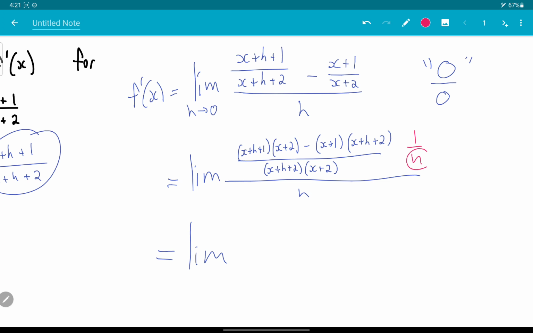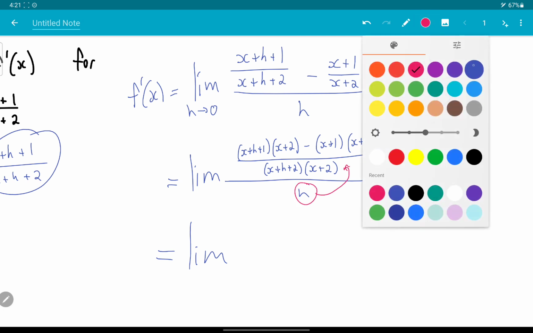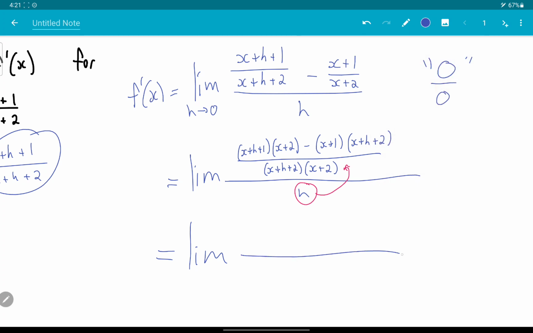So you see this h multiplies my denominator there. Anyways, I'll just do a little arrow here to indicate my h moves up there. And my h is there now. Okay, so I've done my thing in red here.